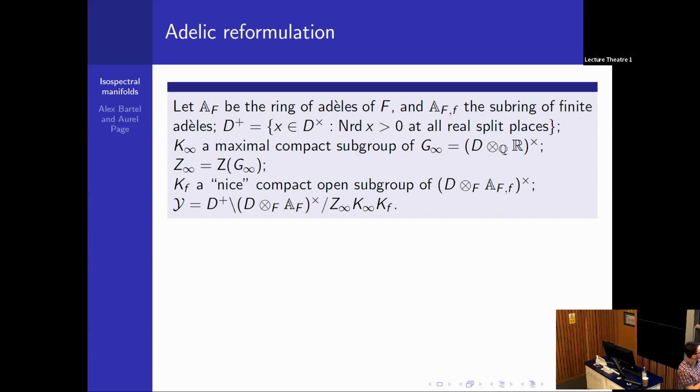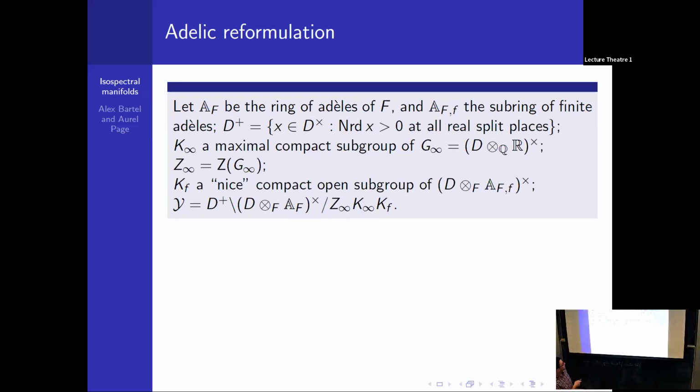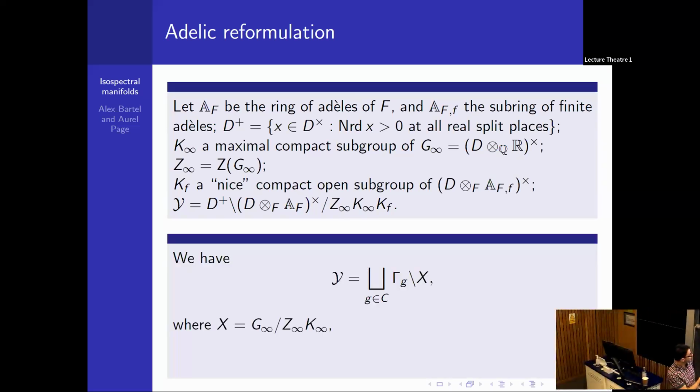And we're going to form the following double quotient. So we have this adelic thing on the left, the global points on the right, and on the left and on the right we have these compact subgroups. Now, this space, G infinity modulo the center and modulo K infinity, is the symmetric space that I alluded to.